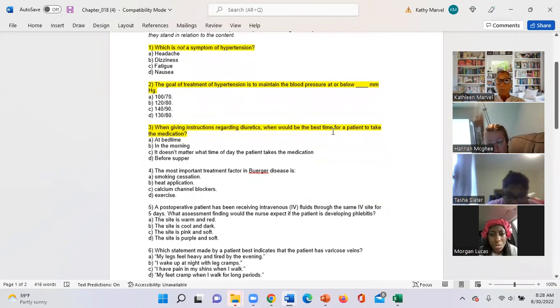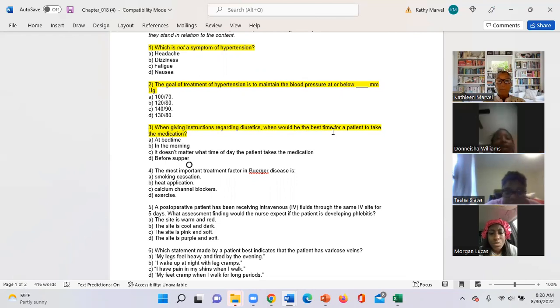Diuretics are typically part of the plan for treatment of hypertension. What do we need to know about diuretics? Shouldn't they be taken in the morning? Why? Because you urinate, they're going to have you urinating a lot. Yep. Okay, great. So those are the three questions.